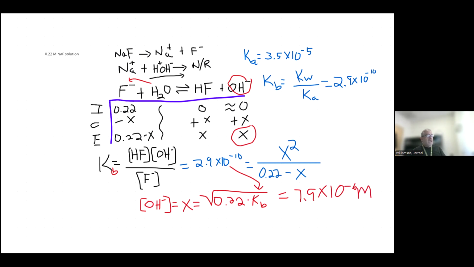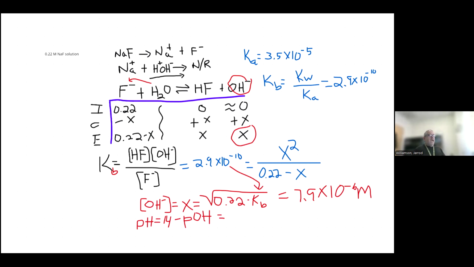Then the pH will be equal to 14 minus the pOH, and I take the logarithm of this, minus log of that.